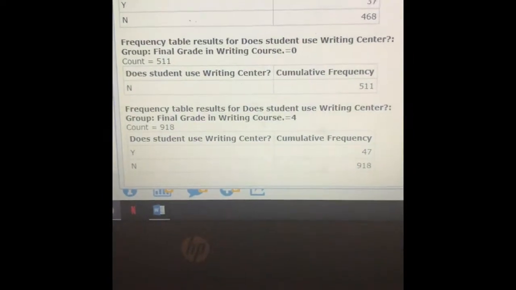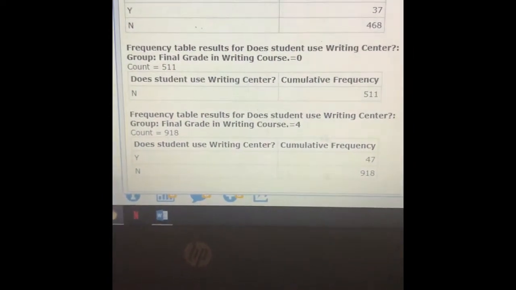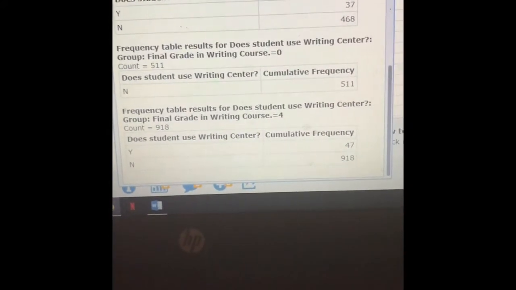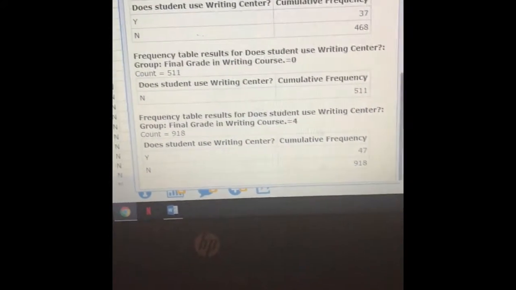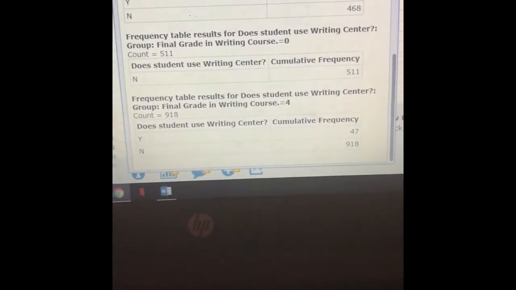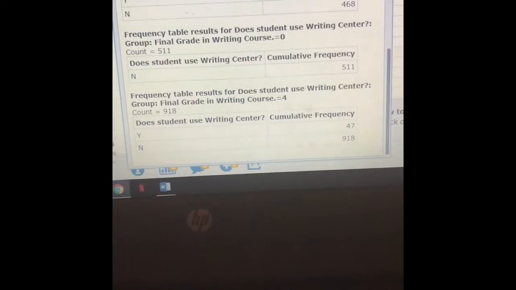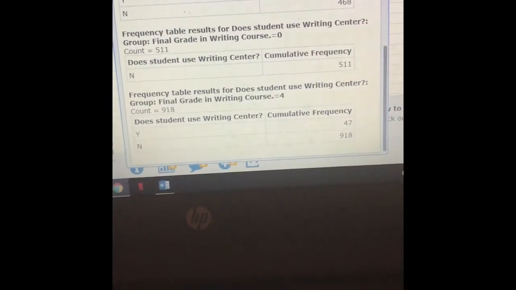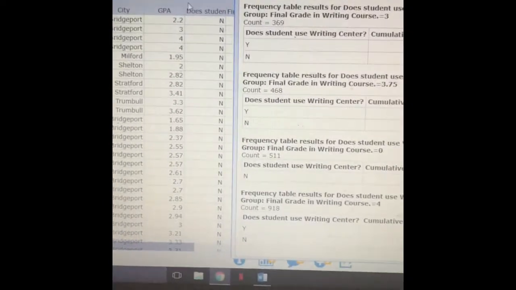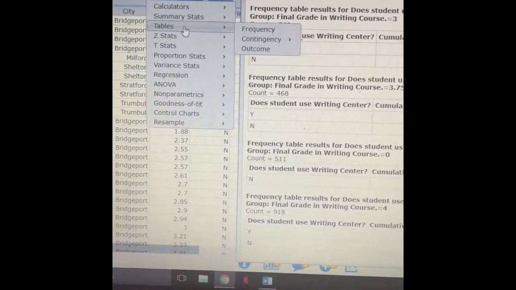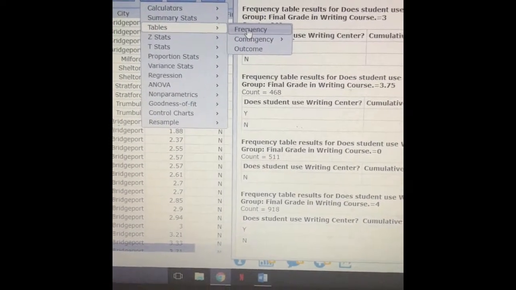All right, here we go. We have the frequency table for students that used the writing center and had a high score. For that group, the number is 47 students. For the students that did not use the writing center but still had a high score, it's 918. And for that, I went to Stats, Tables, Frequency.